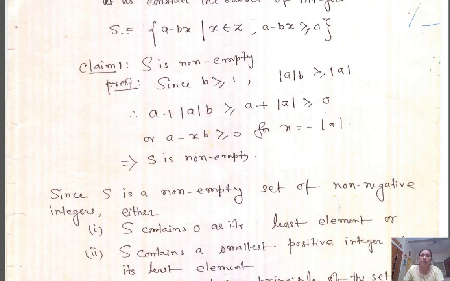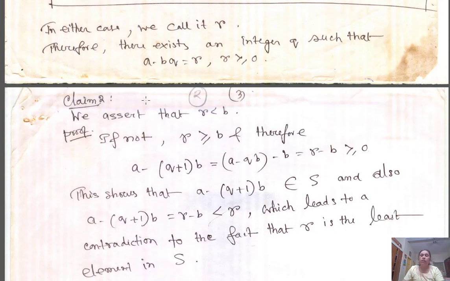This means it must be an element of S. Now this element a minus (q plus 1) b is smaller than the element a minus bq. So if we assume r is greater than or equal to b, then a minus (q plus 1) b is an element of S which is smaller than a minus bq.